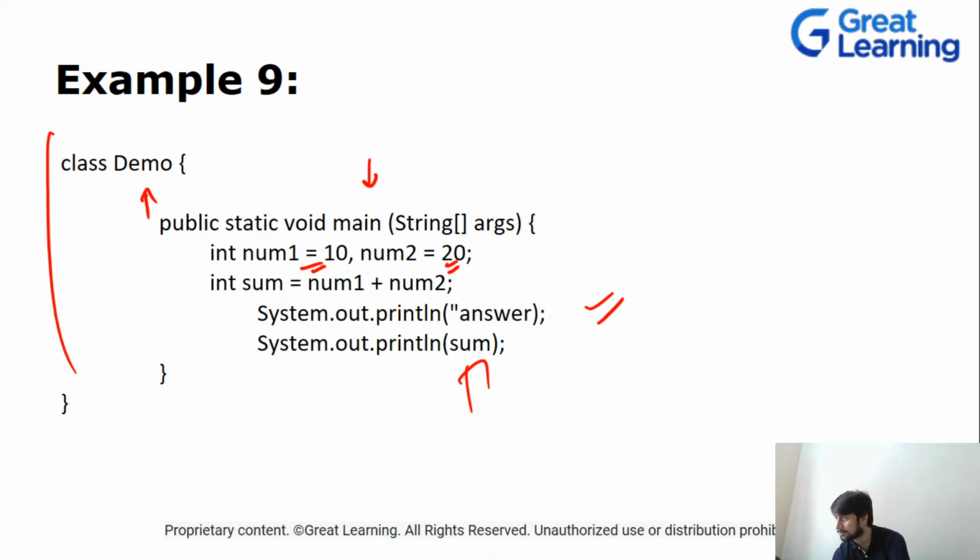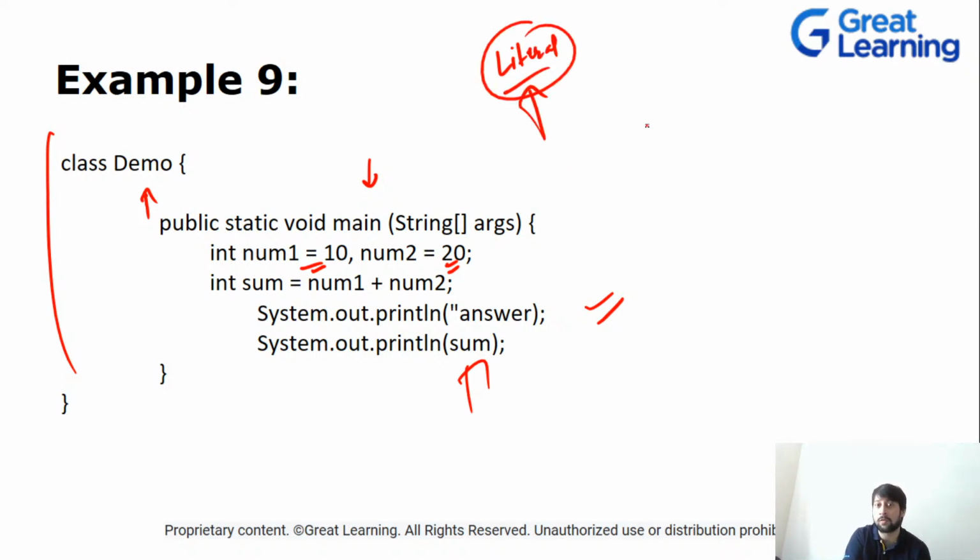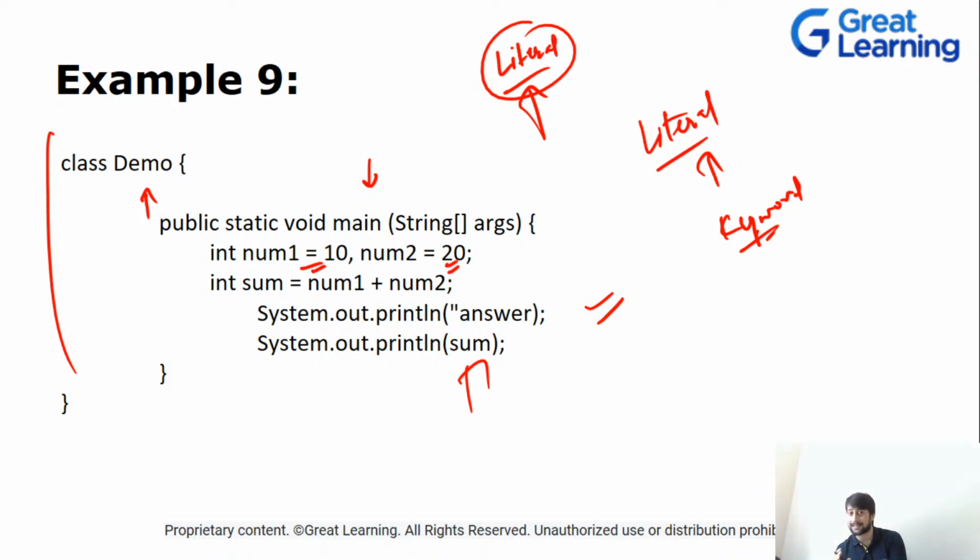Okay, missing comma. Okay, great, guys. But what is this comma? Have you come across this alphabet over here, which is known as a literal? Now what is the difference between a keyword and a literal? A keyword has a specific meaning and is reserved for a specific purpose, like static, like void.